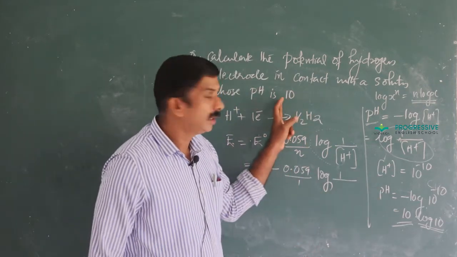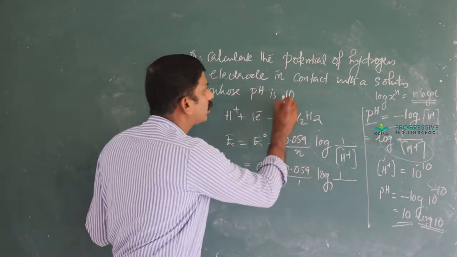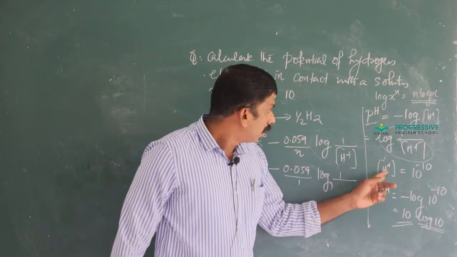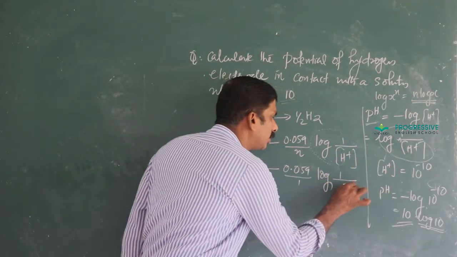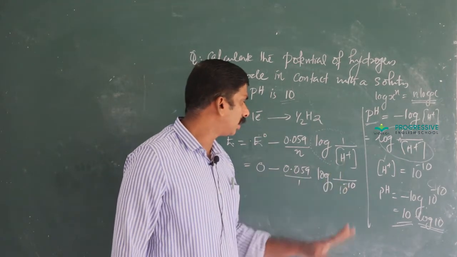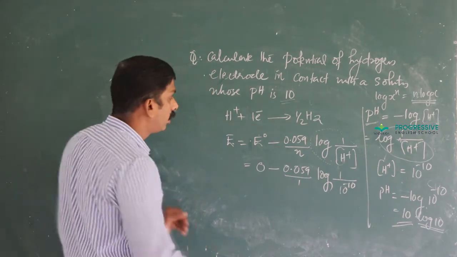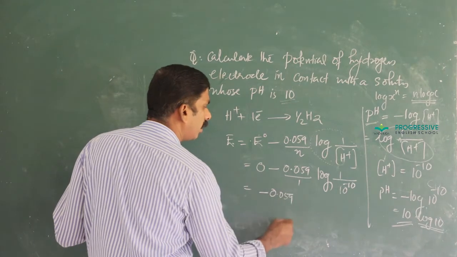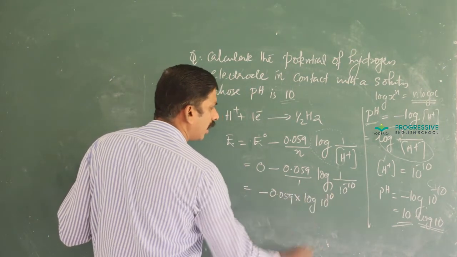Or here, directly pH is given. Instead of this term, you directly substitute the value as 10. Otherwise, you just substitute the value of H+ as 10 raised to minus 10 here. When it reaches the numerator, it becomes 10 raised to 10, or minus 0.059 into log 10 raised to 10.